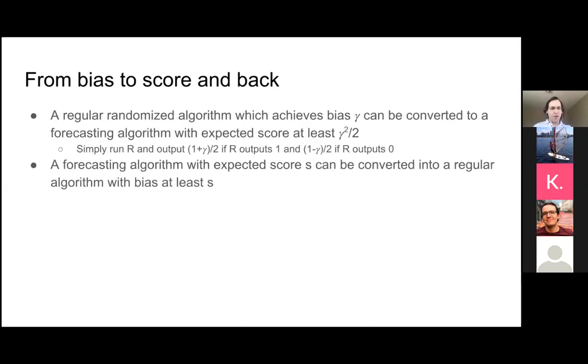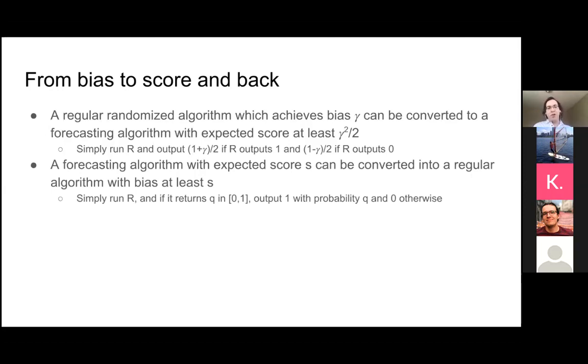You can also go backwards. If you have a forecasting algorithm with expected score S, and you want to convert it to a regular algorithm with bias at least S, you can run your algorithm. It's going to return some prediction Q, a real number in [0, 1].